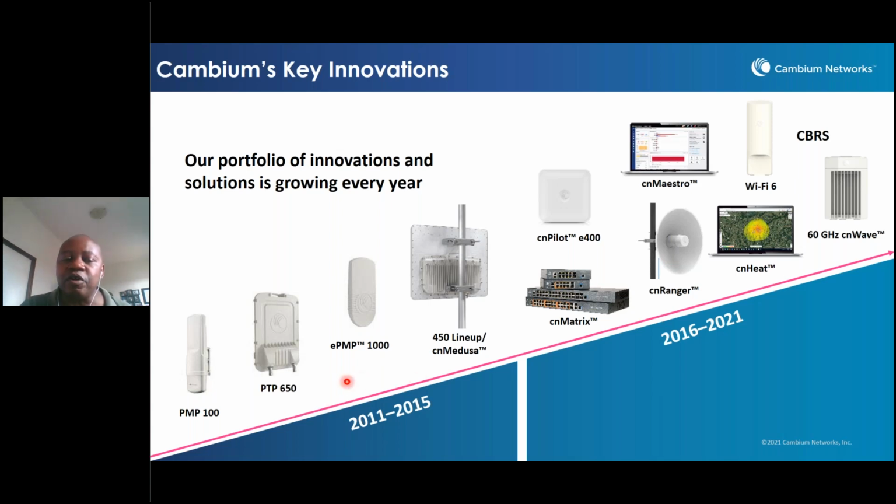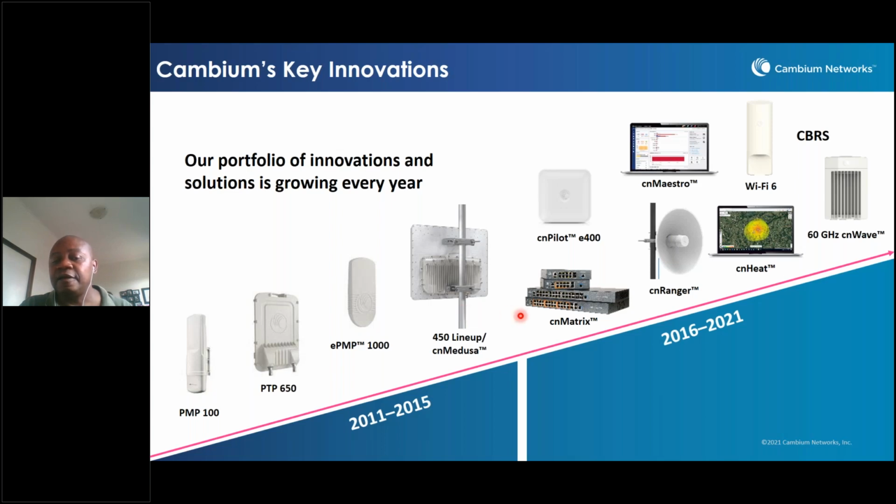So point-to-point, affordable EPMP point-to-multipoint, the 450 line of products, what we call the Medusa 450M, the 450i, and the standard 450. This is our flagship point-to-multipoint platform, doing about 200 subscribers on a single sector or access point.